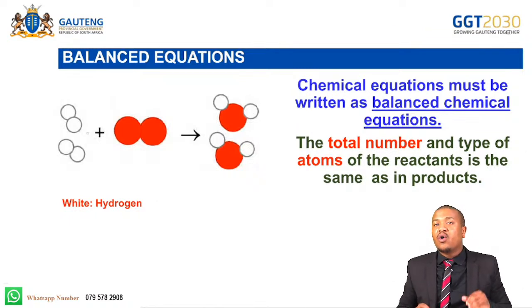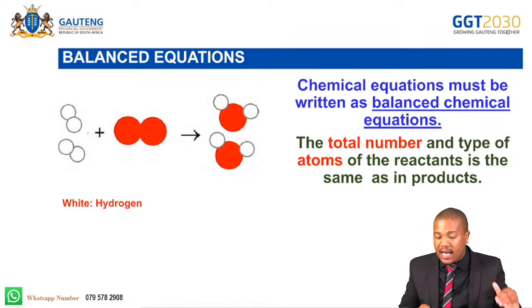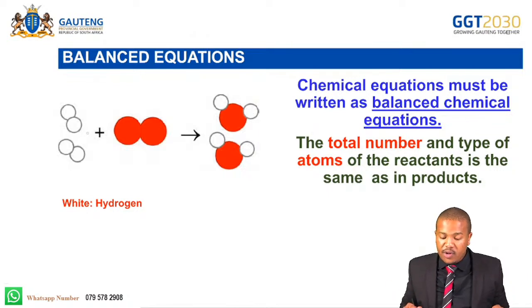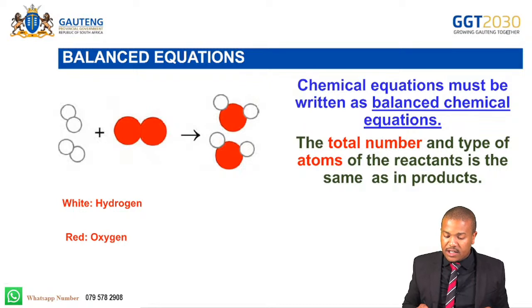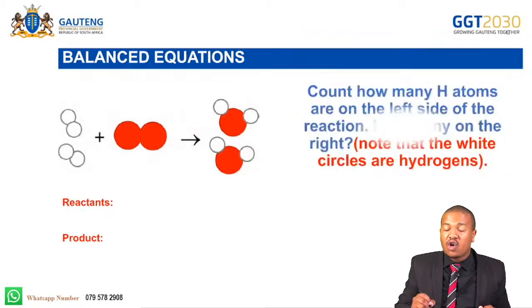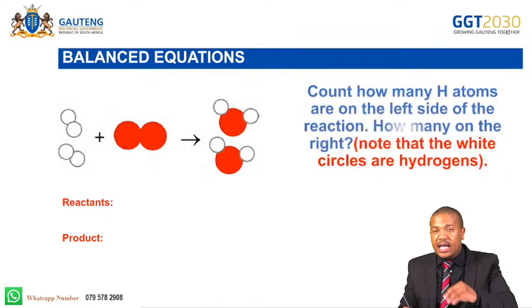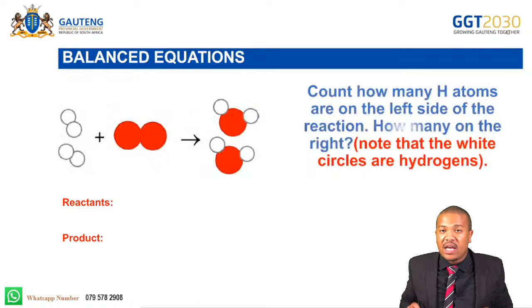For an equation to be balanced, it needs to have the same number and type of atoms on the reactant side as on the product side. So let's count together. I want us to count the number of hydrogen atoms on the left-hand side and the right-hand side. I'm reminding you again that the white circles are hydrogens.